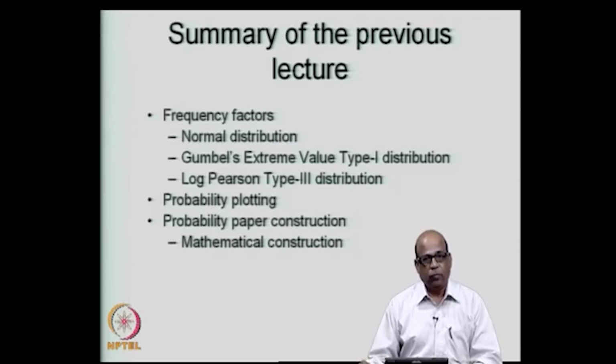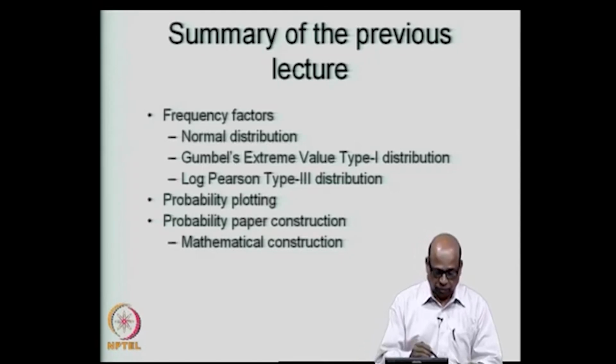If you recall, for the normal distribution, the standard normal deviate Z itself becomes the frequency factor, and we use the frequency factors to compute the magnitudes of the flows, if we are doing the frequency analysis for the flows corresponding to any given return period.